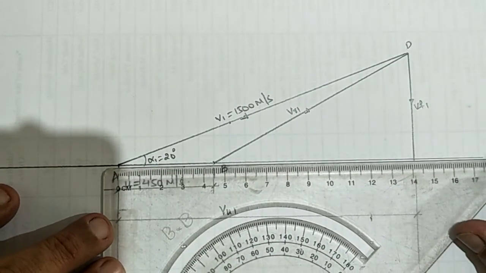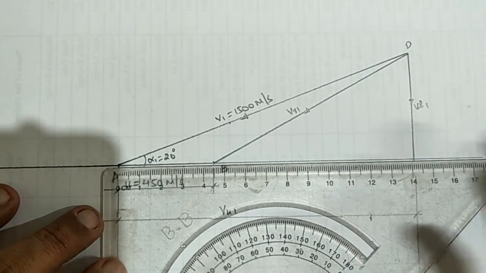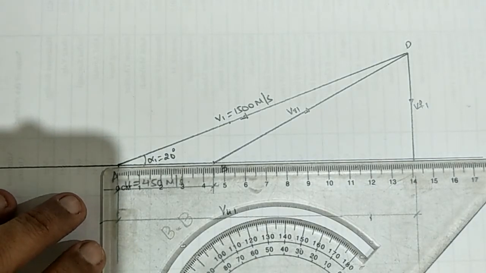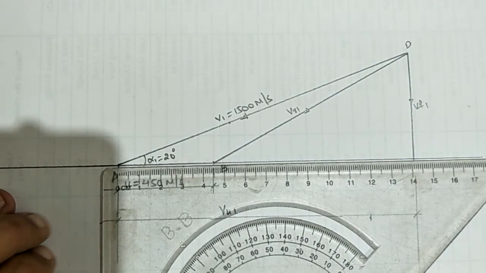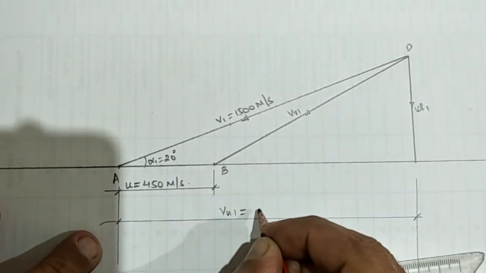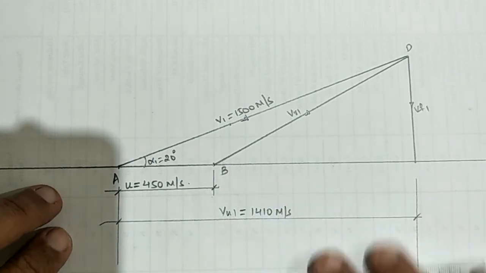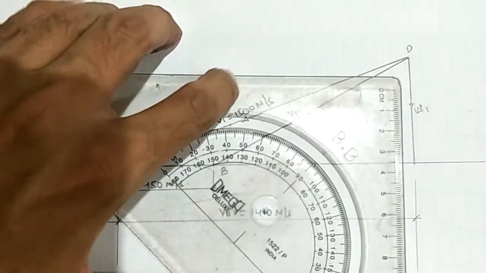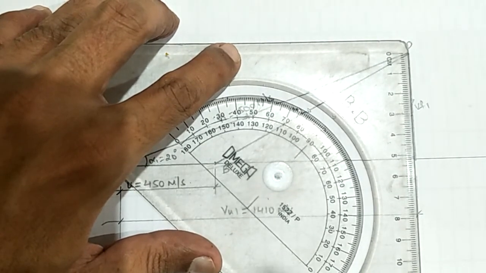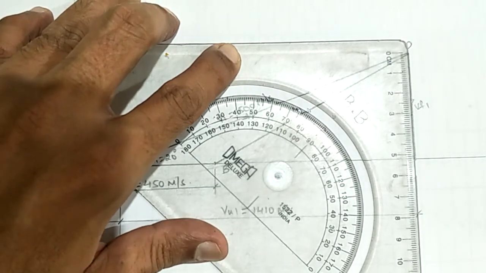As you can see, it is exactly 14.1. So 14.1 into 100 is 1410 meters per second. And what is the value of VF1? The value of VF1 is 5.2 centimeters.